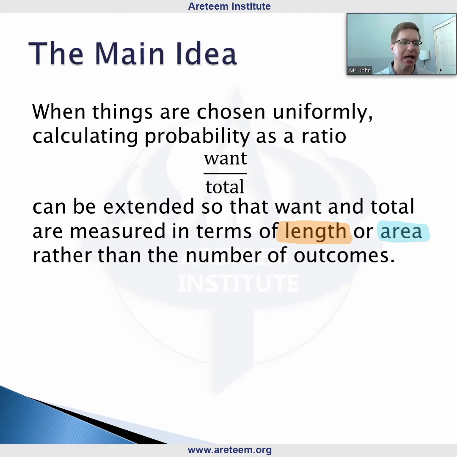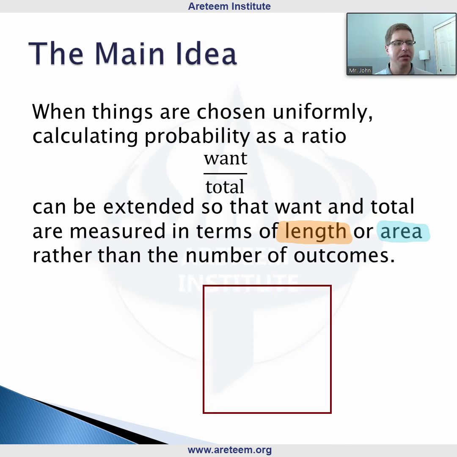And even if this idea seems a little bit weird, I'm sure you're already comfortable with this with some basic examples. So suppose we pick a point randomly, uniformly, in this square. And I say, I want to cut this square in half. So I draw a line in half, and I want to know the probability that we pick something above this line.